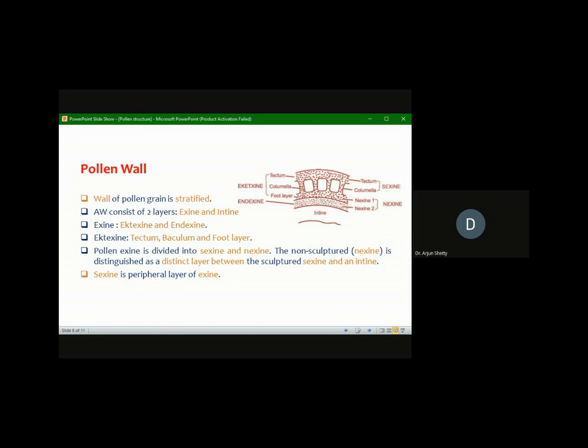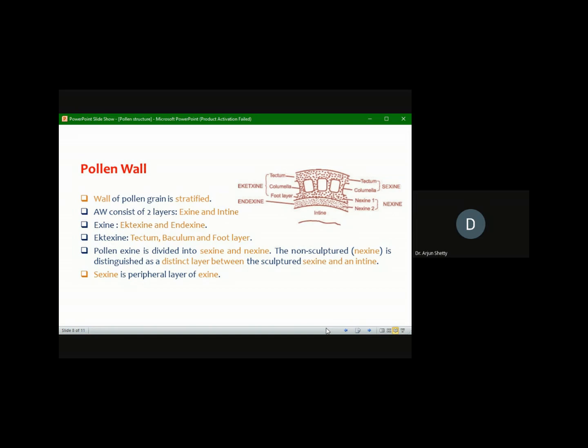So this pollen wall is broadly divided into two walls: the exine and the intine. The exine, based on structural characteristics, we have classified into ectexine and endexine. The ectexine is further classified into tectum, baculum, and foot layer. Here columella and baculum are both the same.